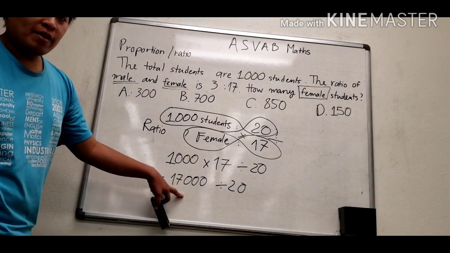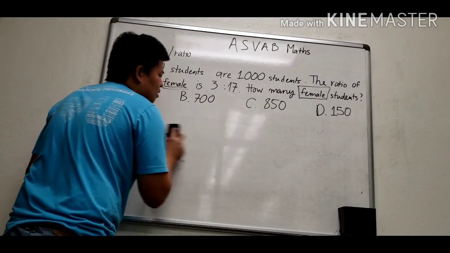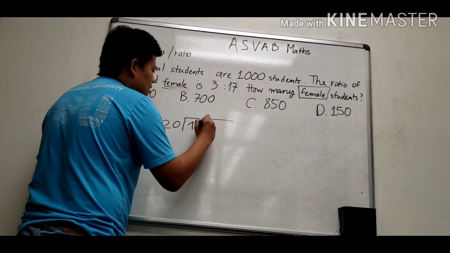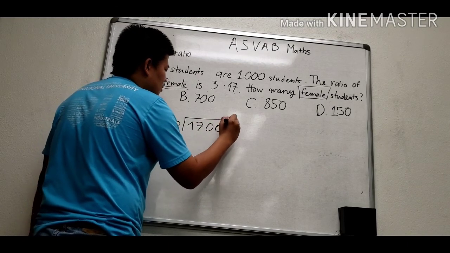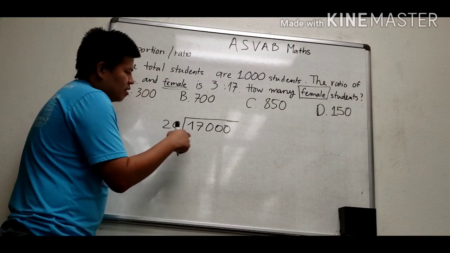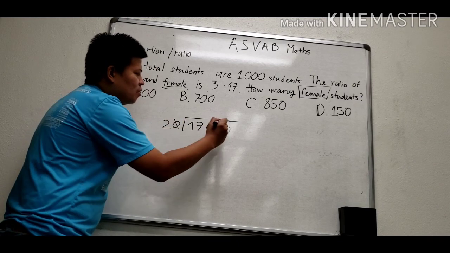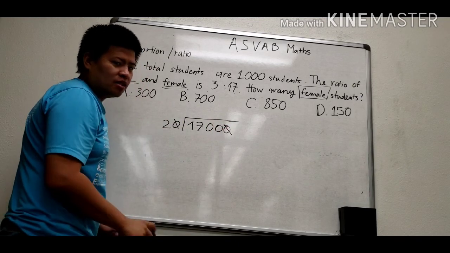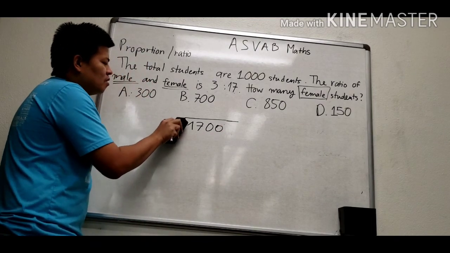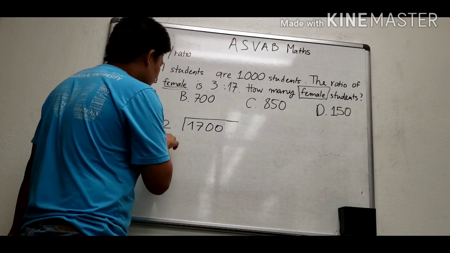So we will calculate this: 17,000 divided by 20. Here we have the zeros, so we can eliminate one 0 here and one 0 here, because that is easier to calculate. So we get 1,700 divided by 2. That is simple now.